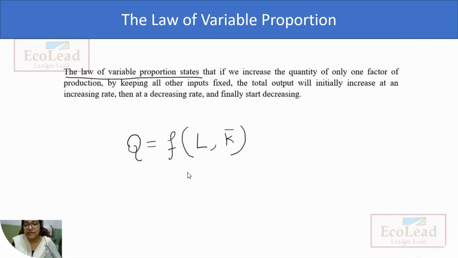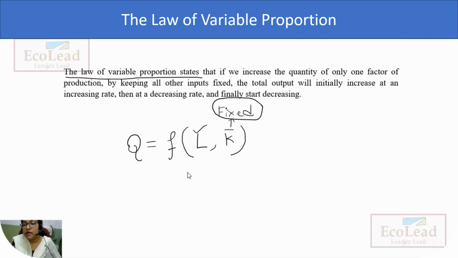So what is written? That if we increase the quantity of only one factor of production, we know that this is fixed, so we cannot change it because this is fixed. So the definition is telling us that if we change this variable input by keeping all other inputs fixed. Here we have considered this K bar as fixed.